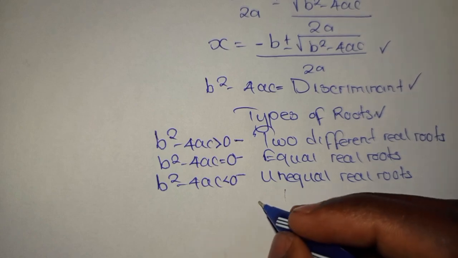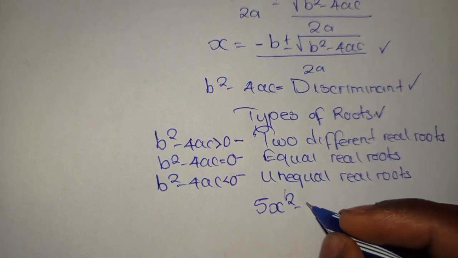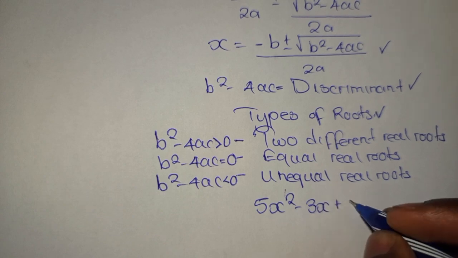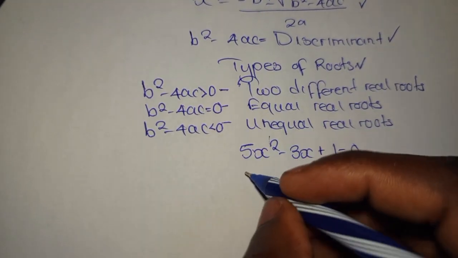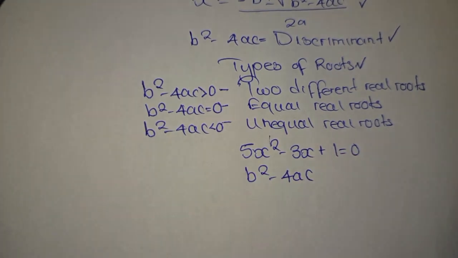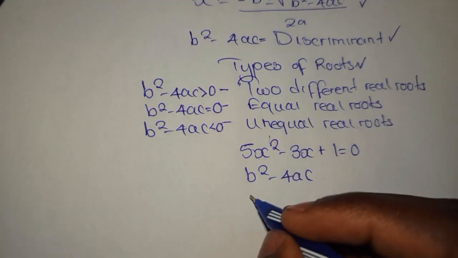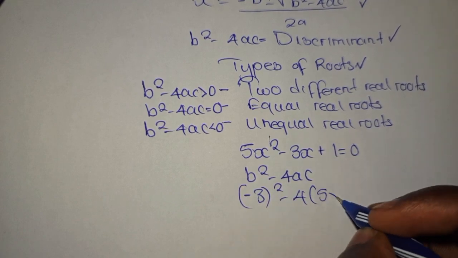The question reads: what type of root does this equation have? For you to know the type of roots, you need to get the discriminant. We do not know what the answer will be, so do not equate it to anything. So we have negative 3 squared minus 4 times 5 times 1.